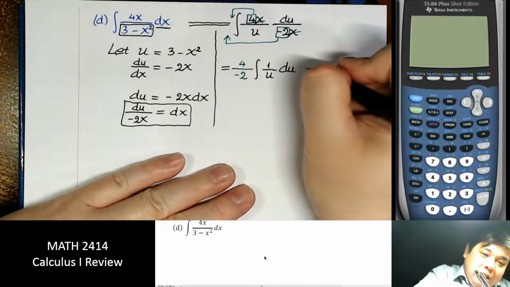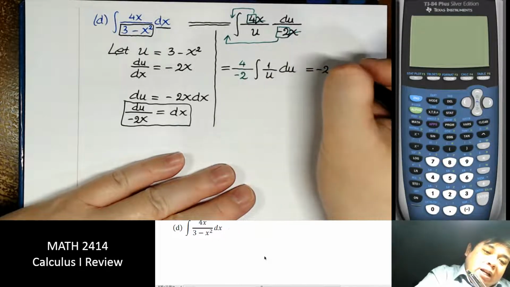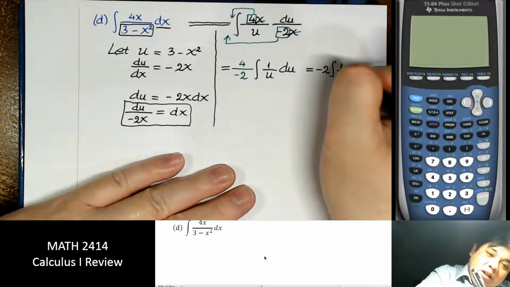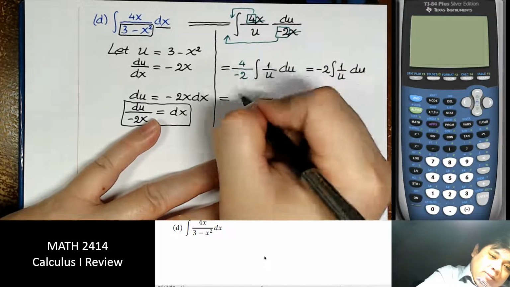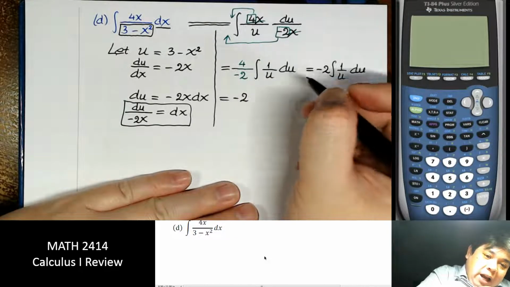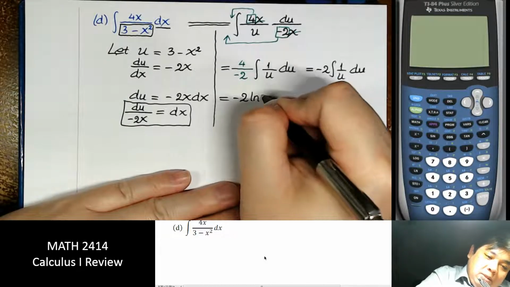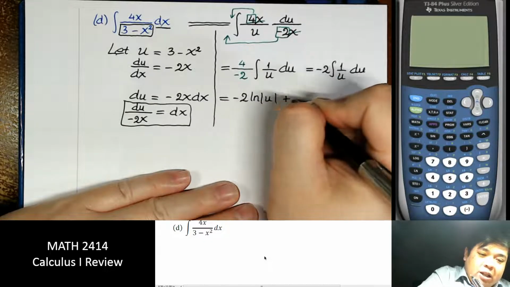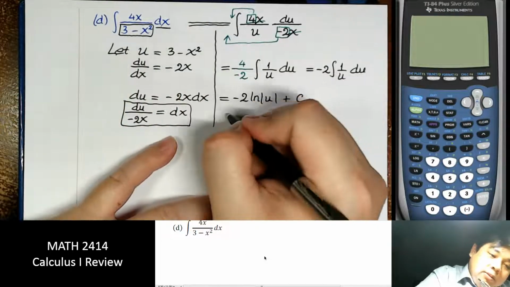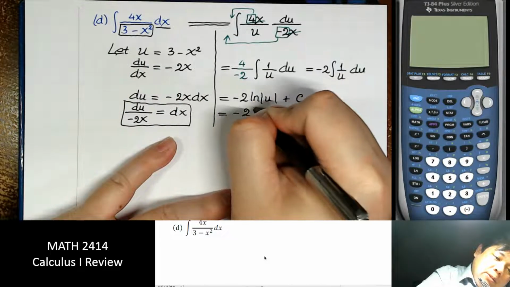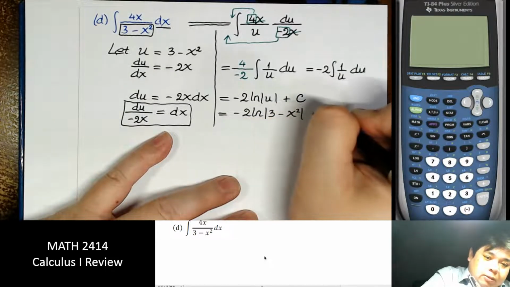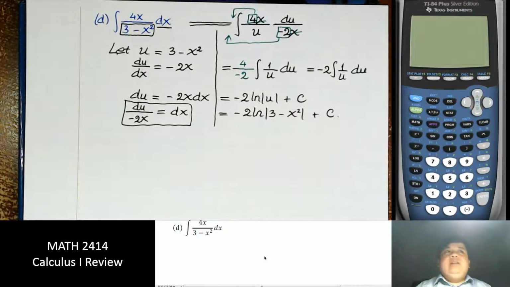So 4 over negative 2 is negative 2, and then 1 over u integral is, I just want to copy that for now. 1 over u is ln of absolute value of u plus c, and we replace into u. That's what we do here for that one.